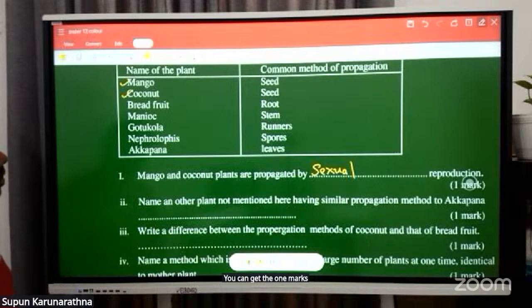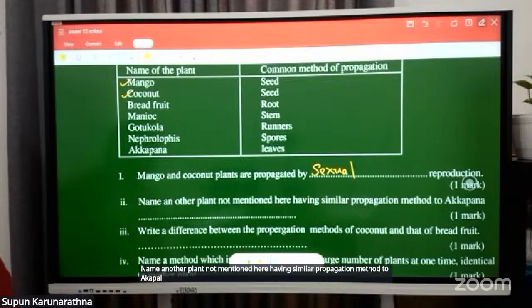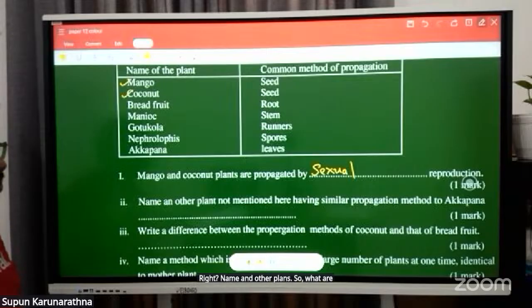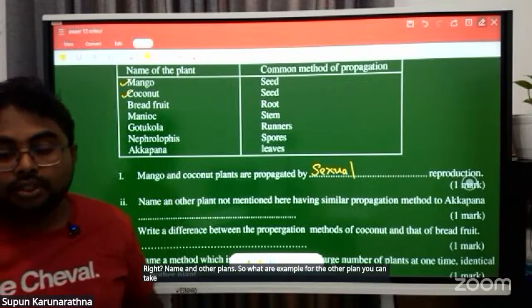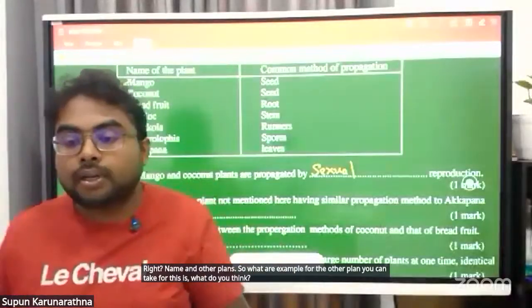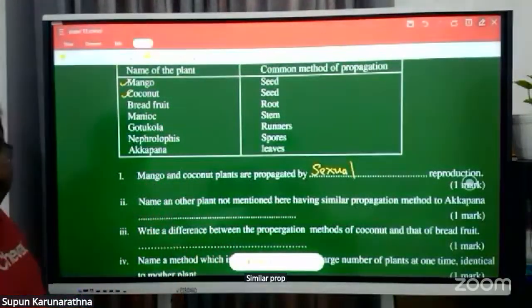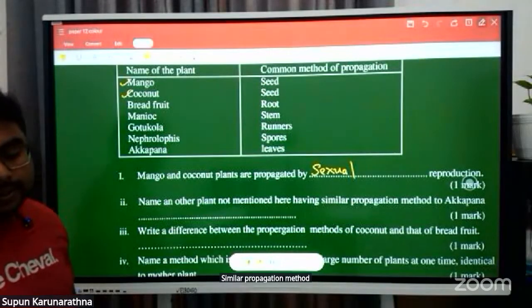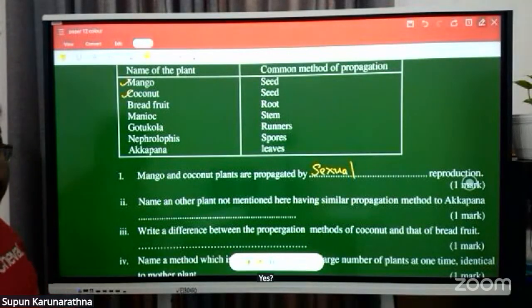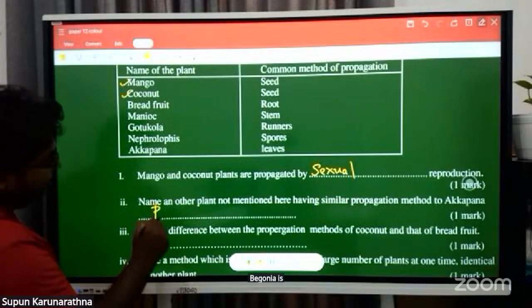Name another plant not mentioned here having a similar propagation method to acapana. So what are the examples for the other plant you can take? Similar propagation method? Yes. Begonia is the most common example.